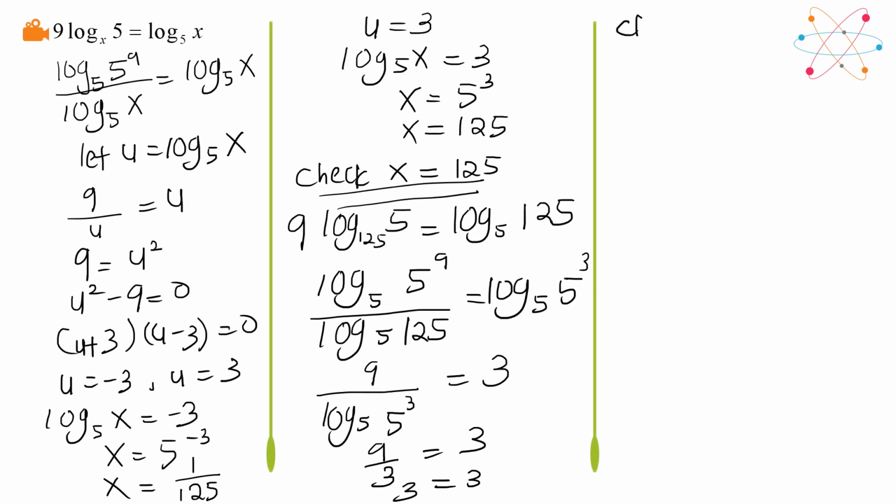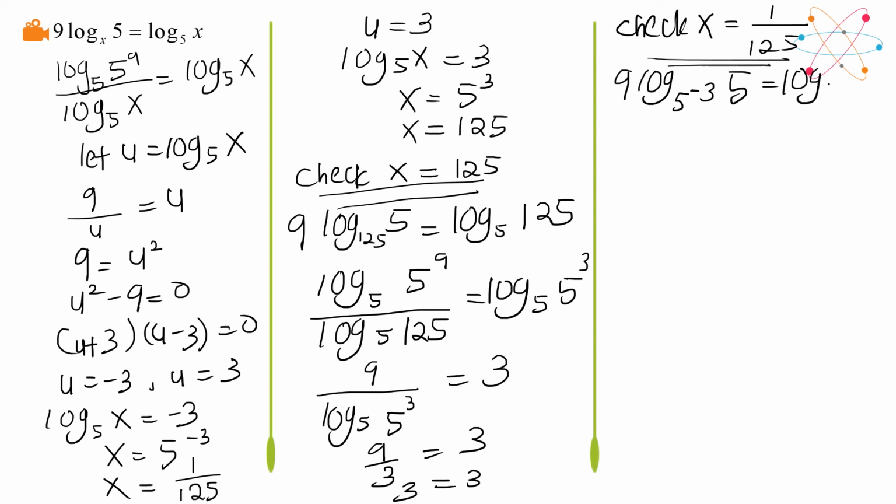Next, check for x equals 1 over 125. Substitute into the question. 1 over 125 is 5 power of negative 3. Change base 5 power of negative 3 to base 5.